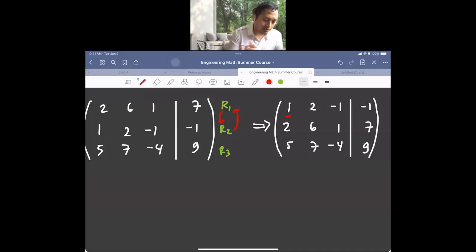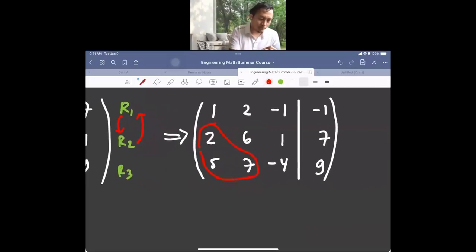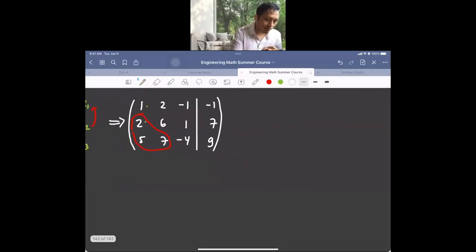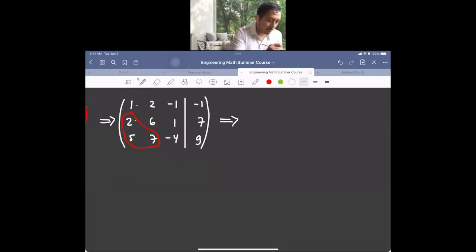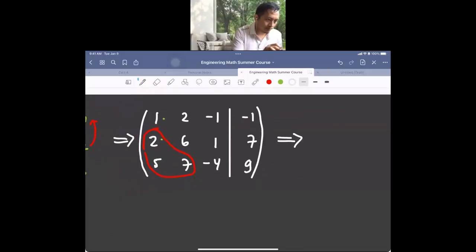So it's good. Now what we want is for the 6 and -4 to also be 1, and for this part to be 0. So maybe we can concentrate on making these three numbers 2, 5, 7 become 0. Notice that 1 and 2 we can subtract if we multiply the first row by 2, so 2 minus 2 becomes 0. So let's do that.